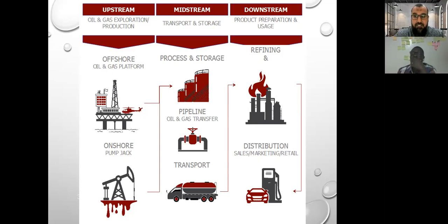In the upstream sector, you have to know that it's mainly for oil and gas exploration and production. The main point in upstream is oil and gas exploration and production.